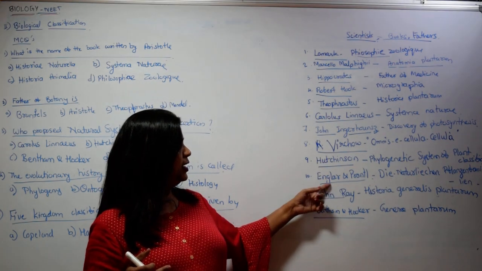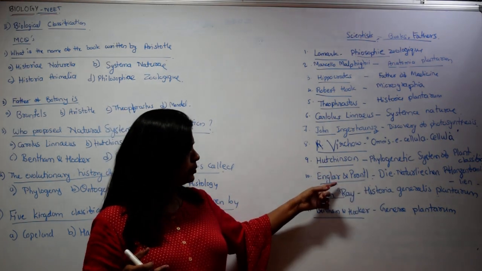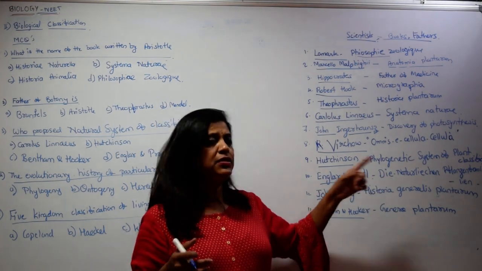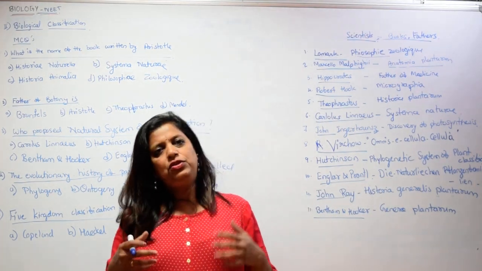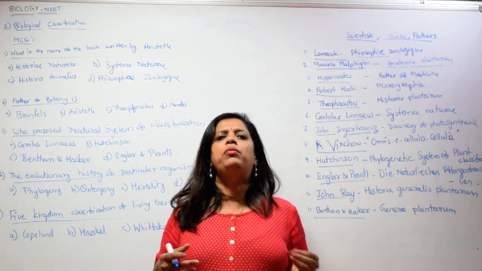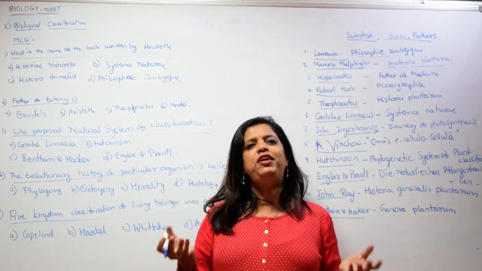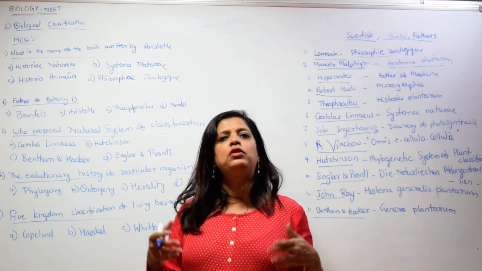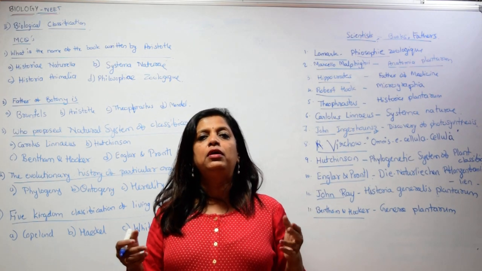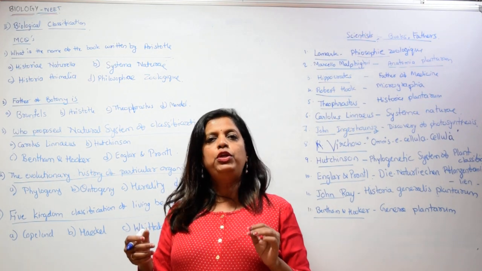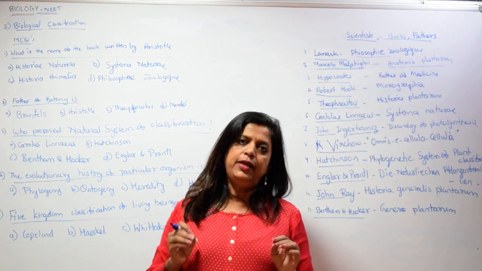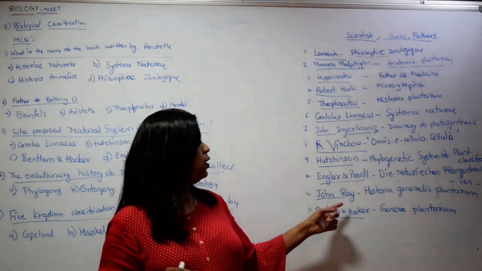After Hutchinson, Engler and Prantl's book was named Die Natürlichen Pflanzenfamilien. These words will stick to your mind because they are very different. It was a phylogenetic classification.